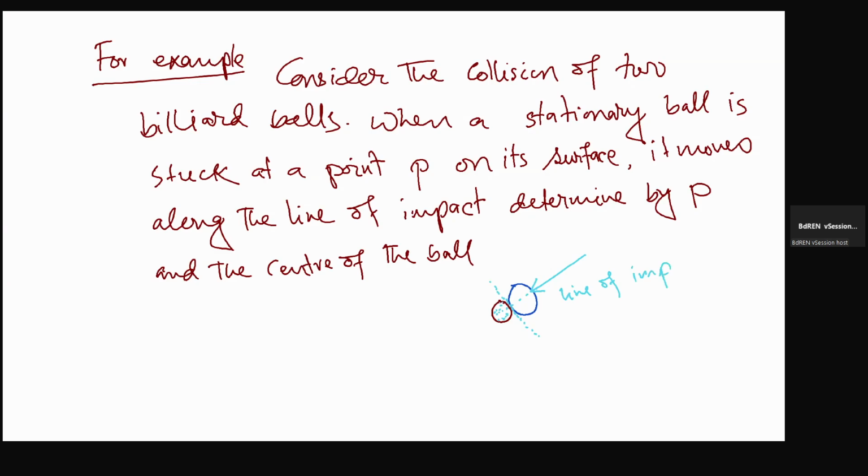After the collision, the red color ball goes in this direction, and the stationary ball, that means this ball, will go in this direction.